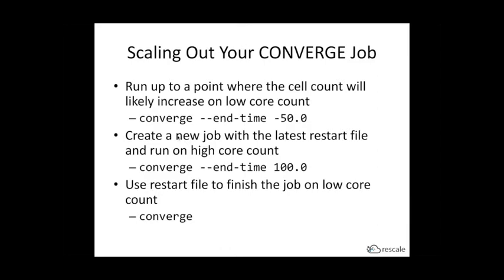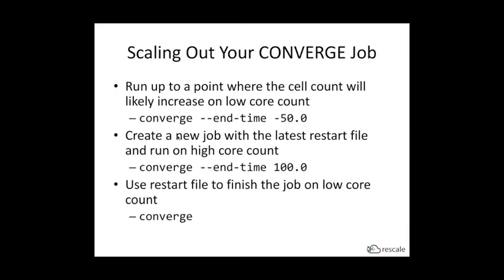When this job is finished, we want to scale out to, say, 32 cores. So we take the restart file from this job, and upload it alongside the input files of our original job, which on Rescale we can do by simply cloning our job. Then we pass in a new end time and run the job on 32 cores in this case.